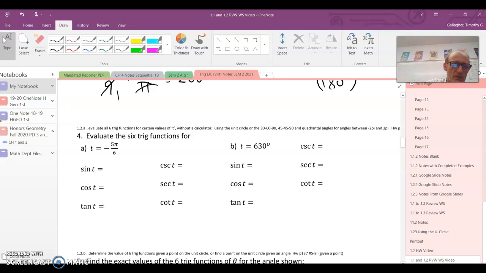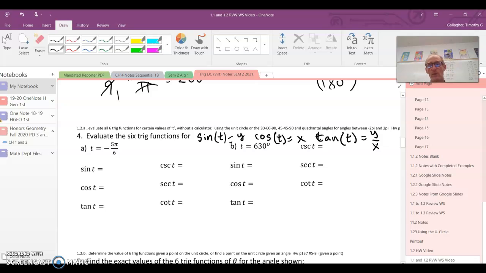The formulas that you use for these are: the sine of t is equal to the y value, the cosine of t is equal to the x value, and the tangent of t is equal to the y over the x value. Then the cosecant, the secant, and the cotangent are reciprocals of the sine, cosine, and tangent.